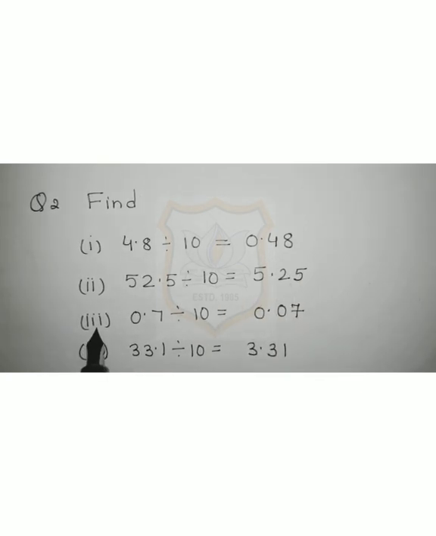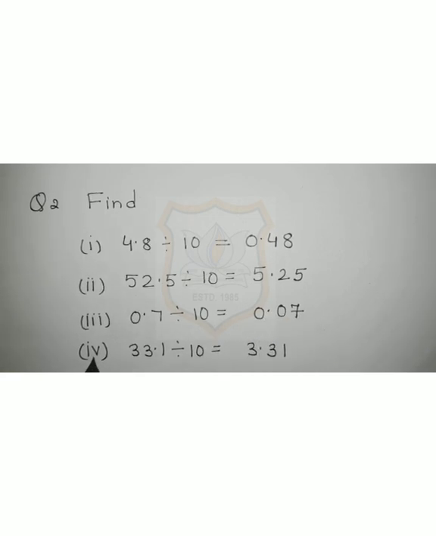Now the third part of question number 2 is 0.7 divided by 10. Again in 0.7, the decimal is after 1 digit, that is after 7, and in 10 there is only 1 zero. So this decimal will move 1 digit towards the left. So our answer will be 0.07.